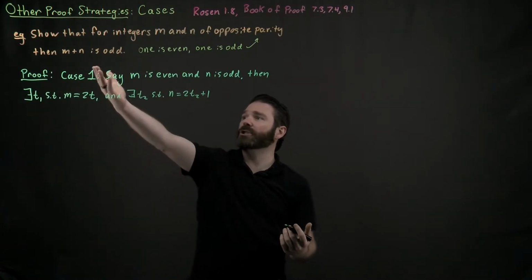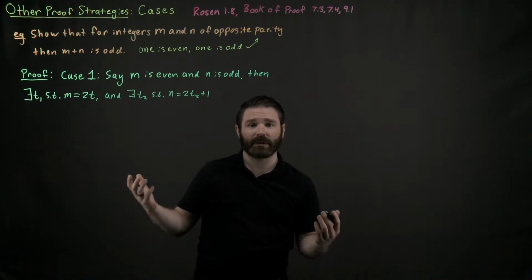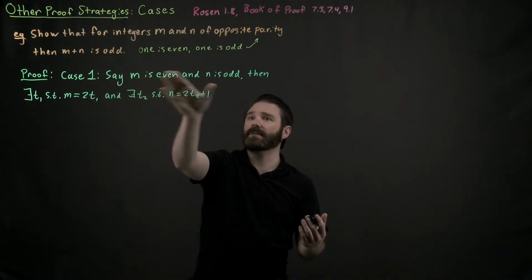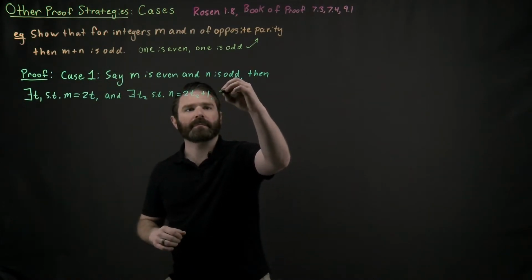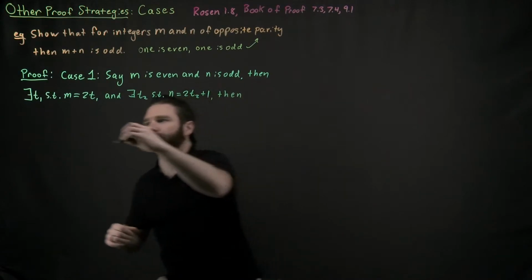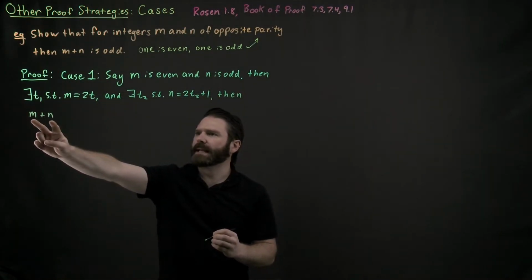And so I want to show that m plus n is odd. I'm using a direct proof technique right here. I've assumed m is even and n is odd. Now I just want to show that their sum is odd. Let's see what m plus n equals.